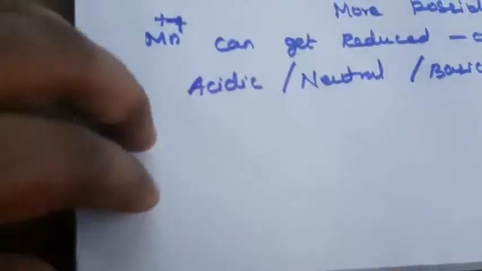First one is KMnO4. How can it be explained? The MnO4 minus ion has the +7 oxidation state.